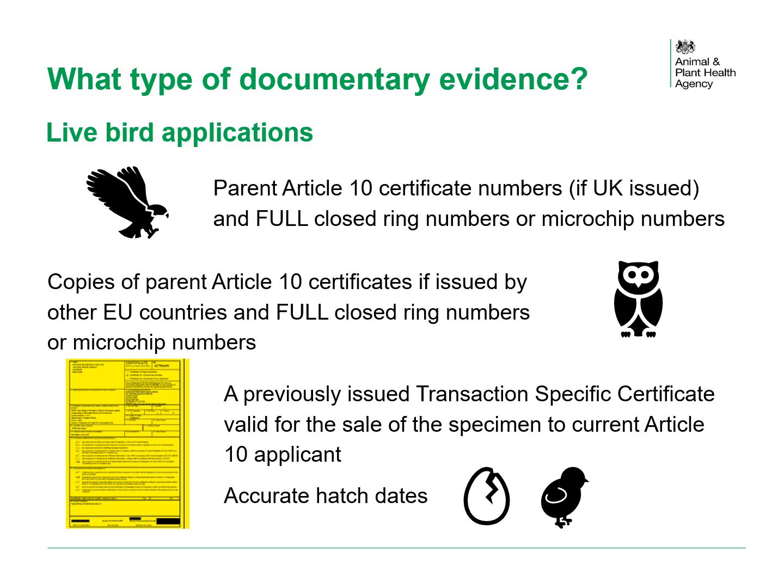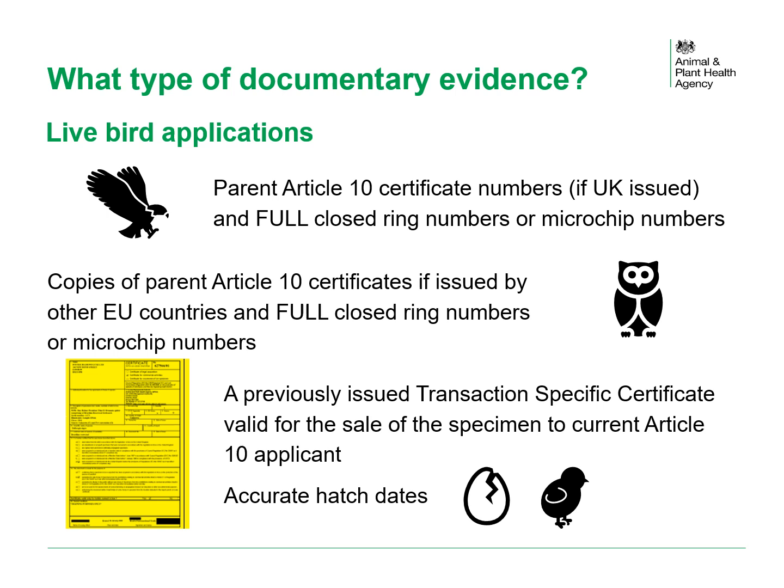Firstly, if you are making CITES applications of any kind for live birds, you need to provide parent Article 10 certificate numbers, if the Article 10s were UK issued, and the full closed ring numbers or microchip numbers for the parent birds.